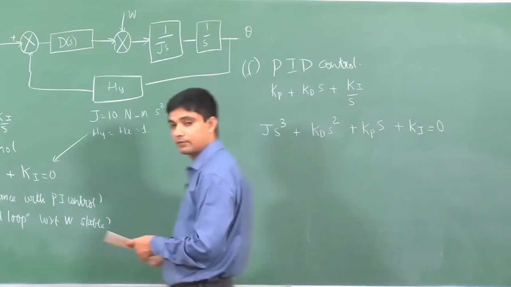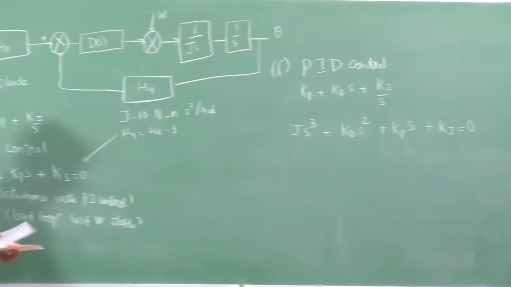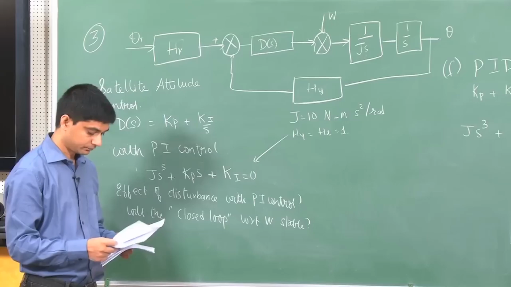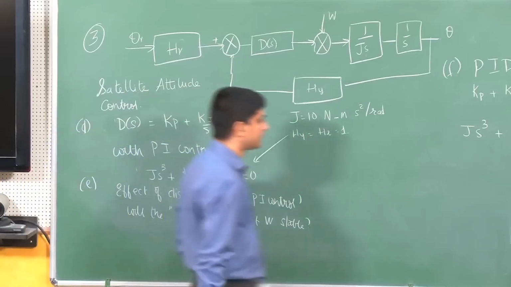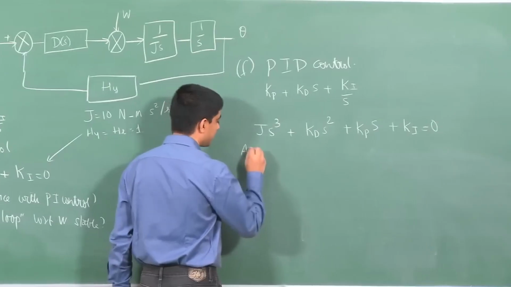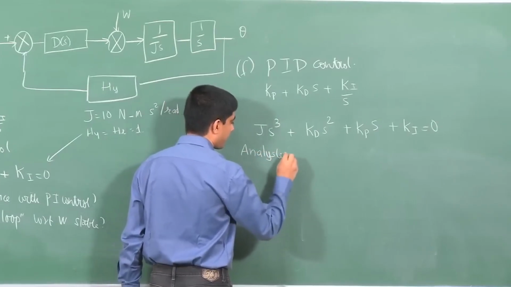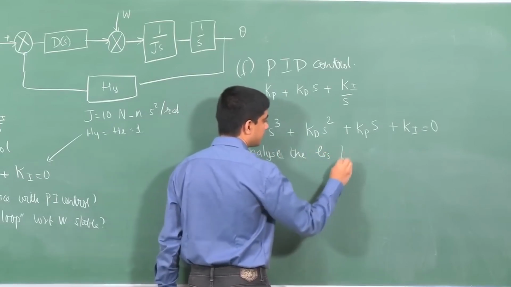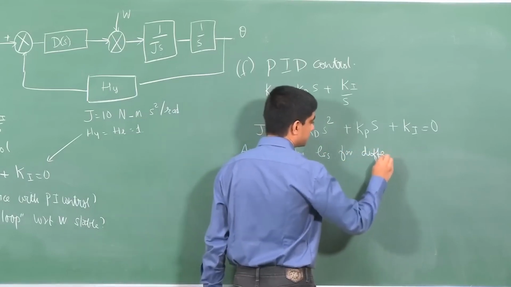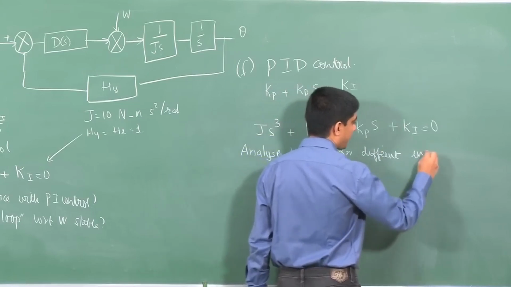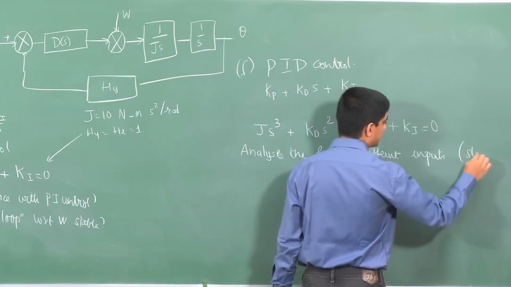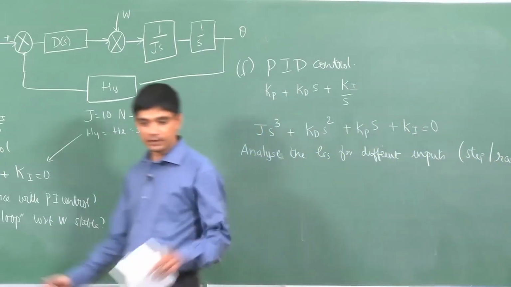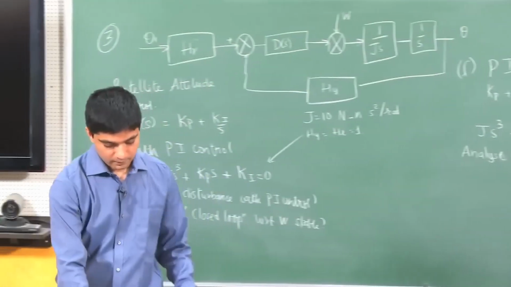So similar to what we had in one of our earlier examples. And now I can really find out conditions under which the closed loop system is stable. Now again, I'll just leave this for you as an exercise. So analyze the steady state error for different inputs, maybe for a step and for a ramp. I'll leave this as an exercise because it's a very manual thing.